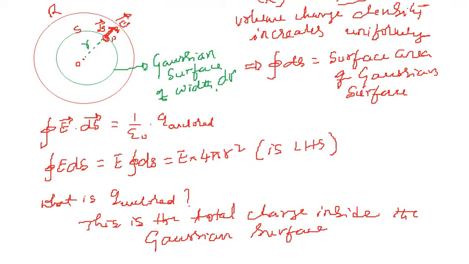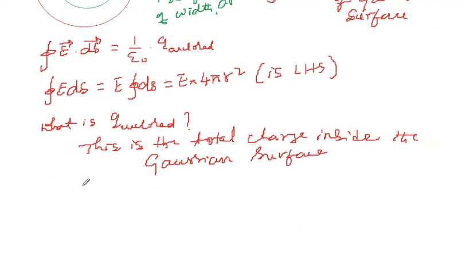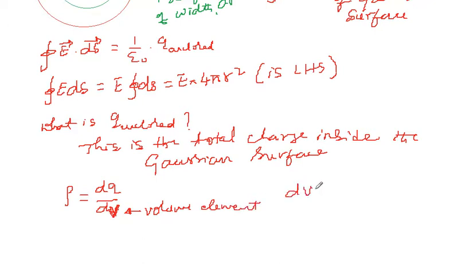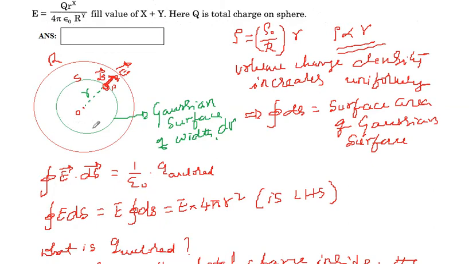Right. So for this, what I do now, if we think of an element charge dq, then how can we write this dq? Volume charge density is equal to dq divided by dv. This is an elemental volume dv. Now dv can be written as 4 pi r square into dr, where dr is the thickness of this sphere.